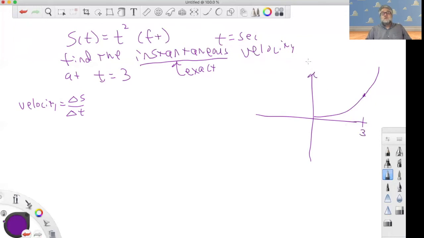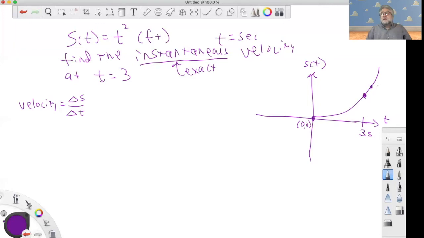And this is S of t, and this is t. 3 seconds. Okay? Well, I'm going to pick 2 points and find the slope. Should I pick 0, 0 over here? Is that a good choice? No, because look how far away it is. That's never going to be a good representation of the curve. When I draw that line, there's going to be a huge amount of space in here, which tells me there's a huge amount of error between those two. I want to choose something closer.